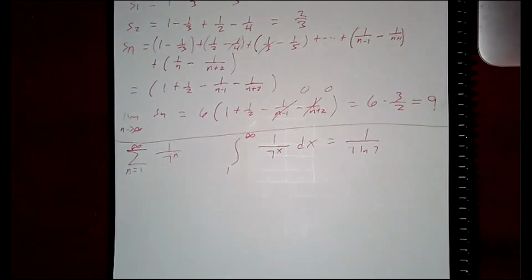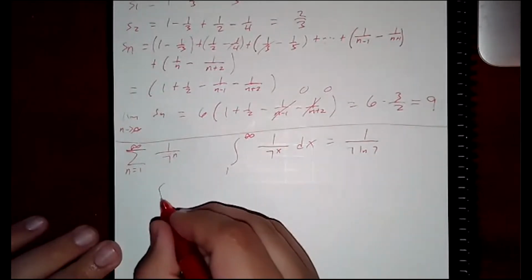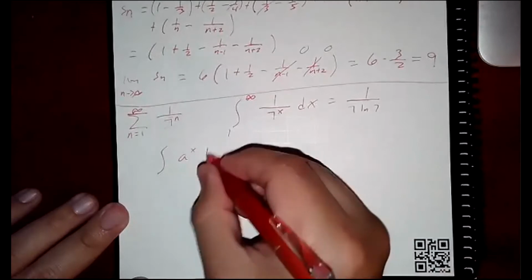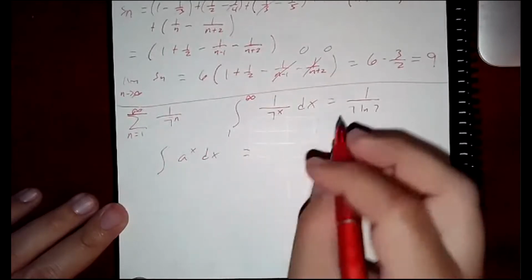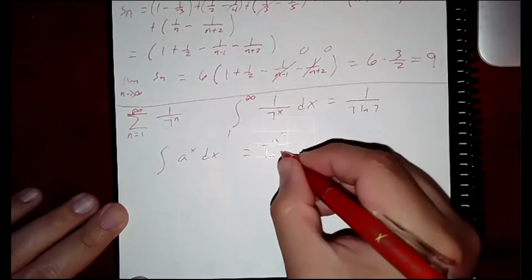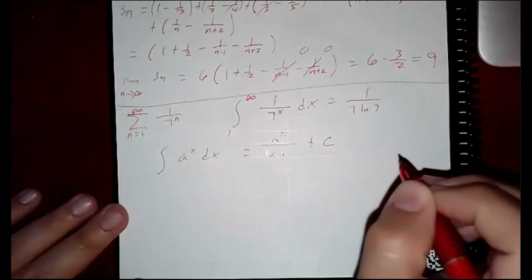Usually we use a formula, but it's this one here. The formula is the integral of a to the x dx is equal to a to the x over ln a plus c.